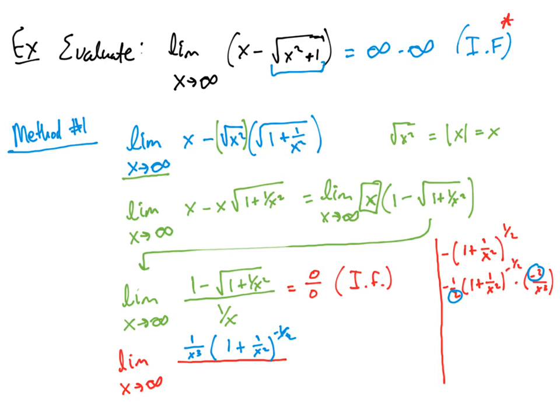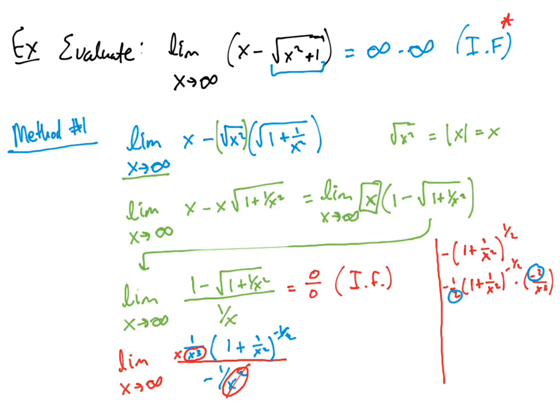And then the derivative in the denominator, 1 over x becomes negative 1 over x squared here. Now we can do a little more simplifying. I have an x cubed and an x squared, so x squared is going to cancel. In the numerator, I'm just left with 1 over x. So I have 1 over x times 1 plus 1 over x squared raised to the negative 1/2, all divided by negative 1.